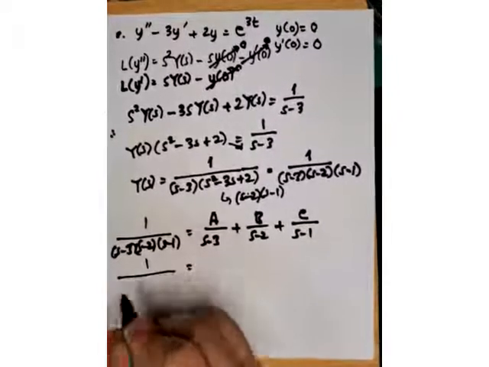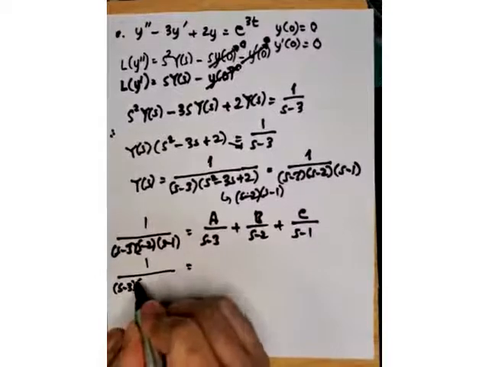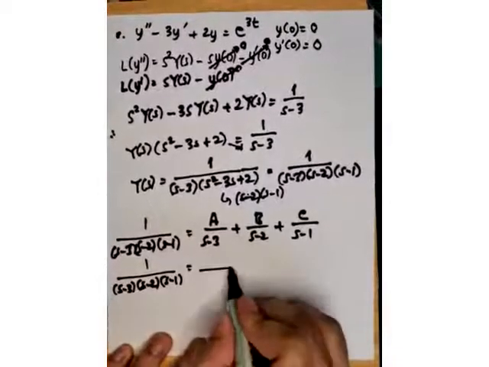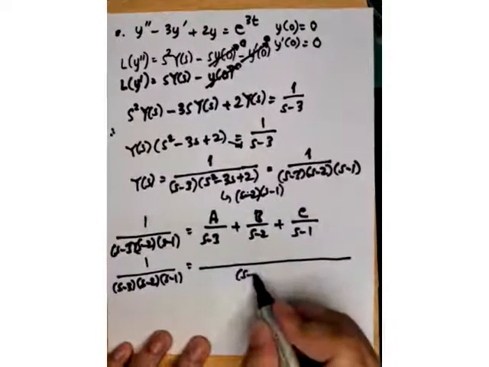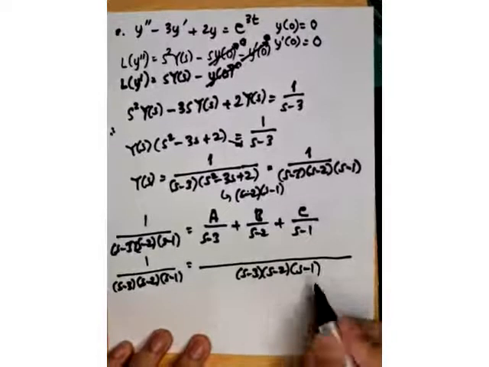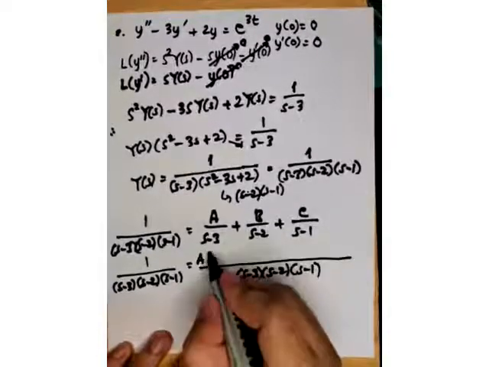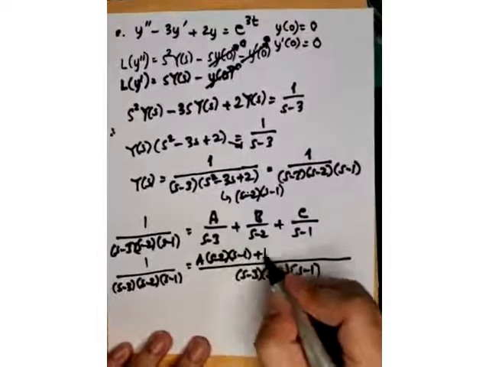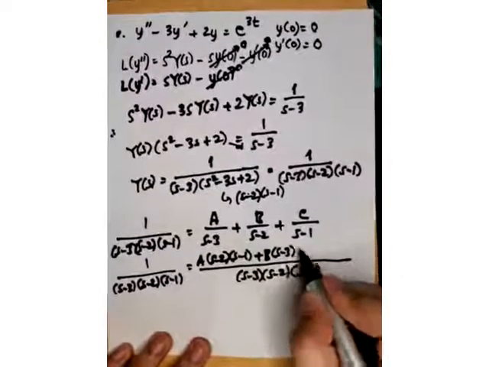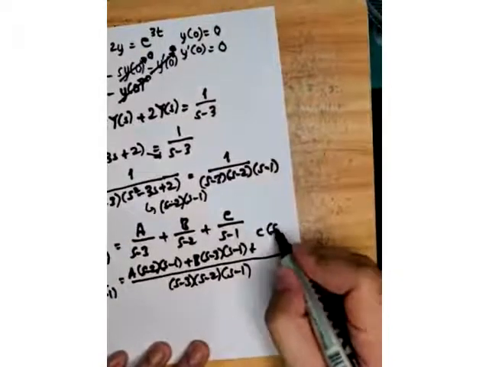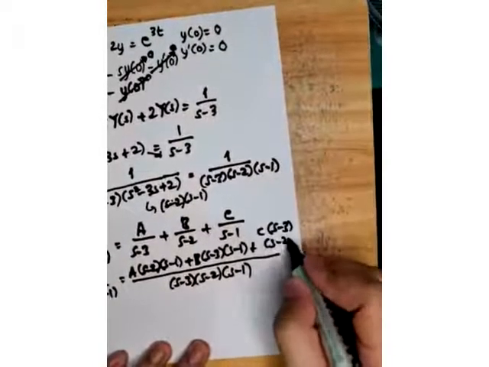So 1 all over s minus 3, s minus 2, s minus 1 is equal to, okay, so yung LCD is still the same as that one, and ito divided by yon. So A times s minus 2, s minus 1, plus B times s minus 3, s minus 1, plus C times s minus 3, s minus 2.